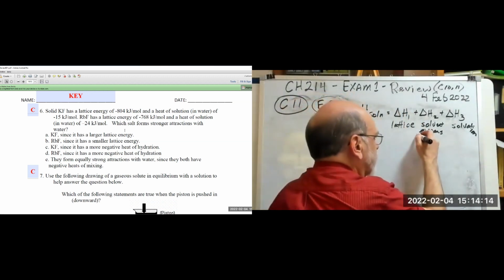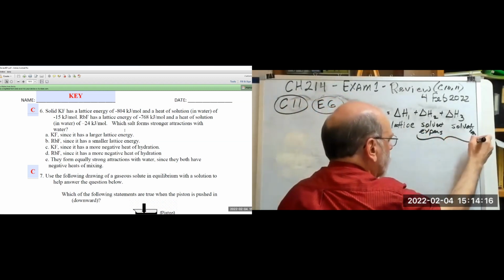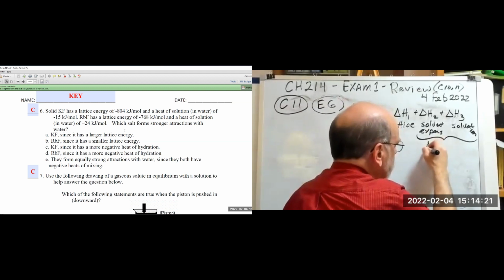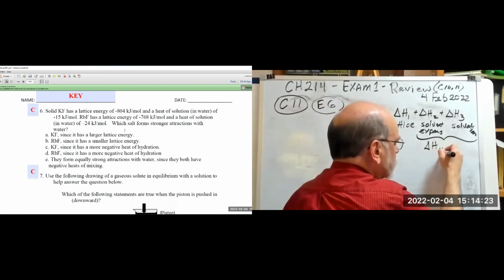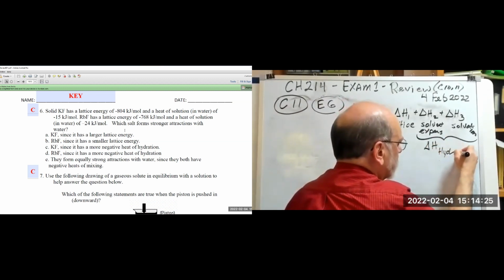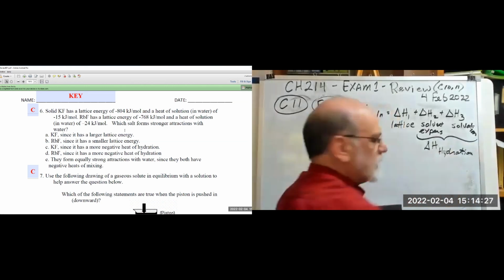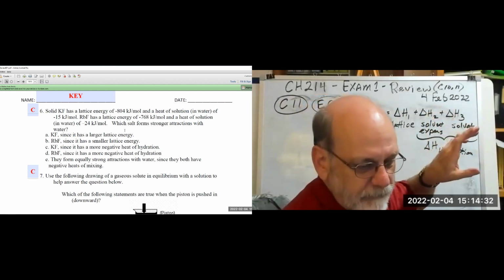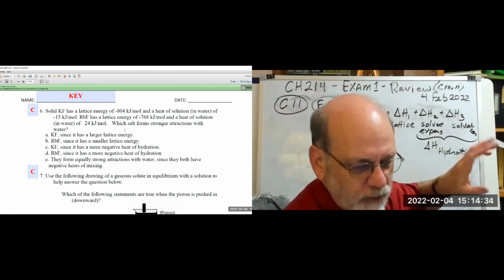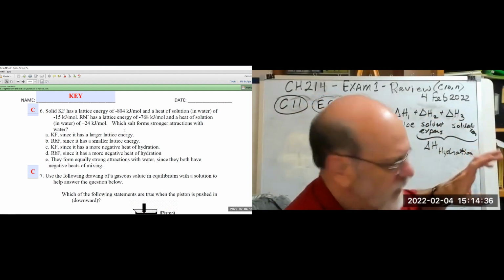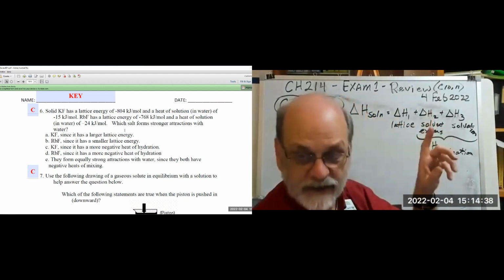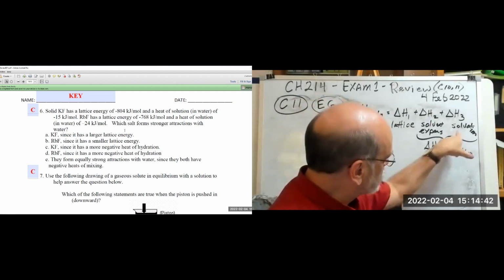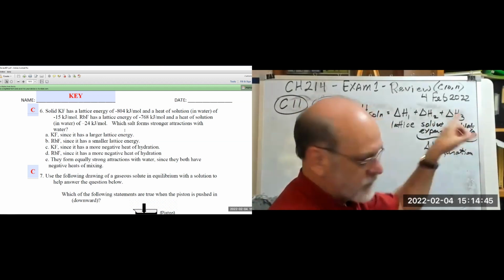These two combined, we can call the heat of hydration. The reason we can do that is because both are dissolved in water. So the solvent expansion is going to be equal for both cases, and they're really due to this value right here.